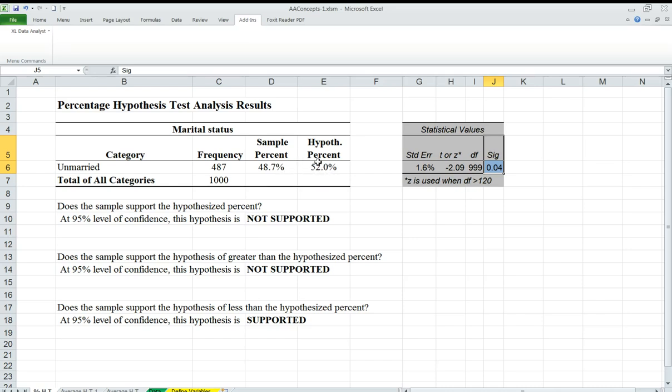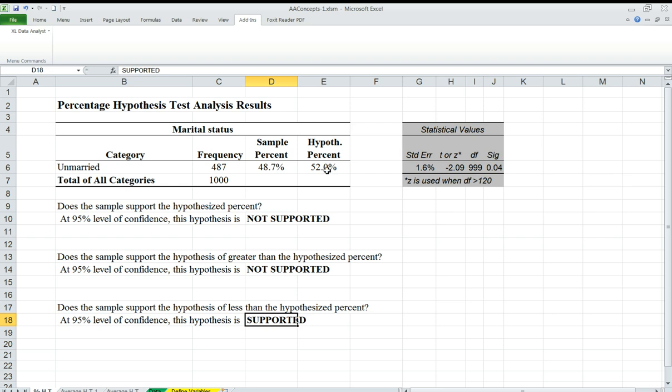So these two are statistically different. And the sample percent is less than the hypothesized average, which indicates that the proportion of unmarried people is less than 52%. And when we look down in the final output, in the third result, which usually tests a hypothesis of being less than hypothesized average, we see that it is supported. And this is how it works.